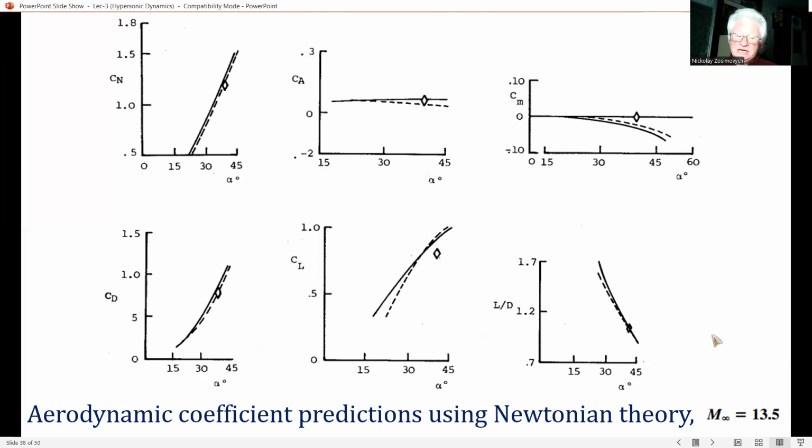The wind tunnel data span the complete angle of attack interval, whereas only one flight data point is shown on each graph, because Mach 13 and a half pertains to a specific point on the entry flight path, and hence to only one specific space shuttle angle of attack. Okay?